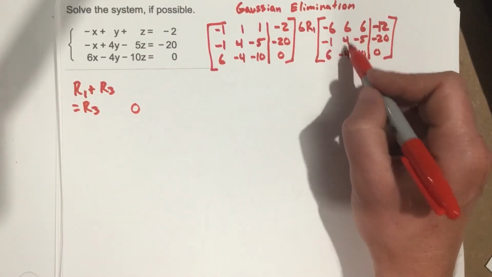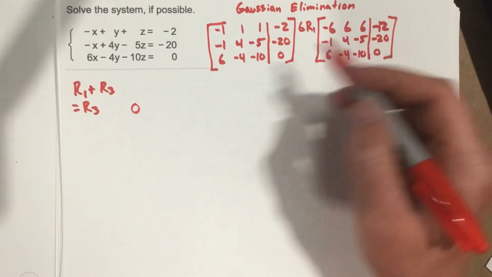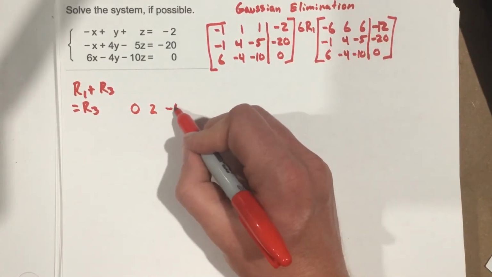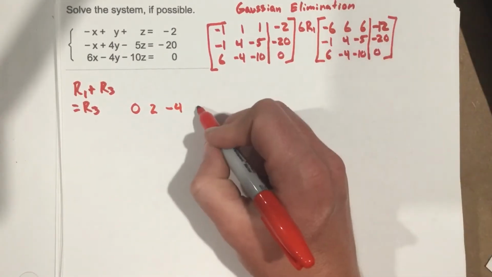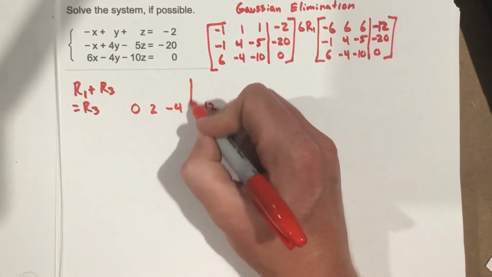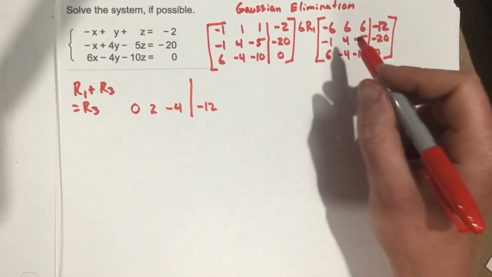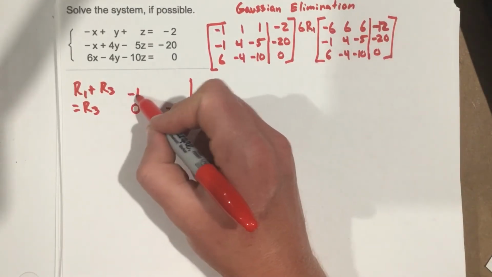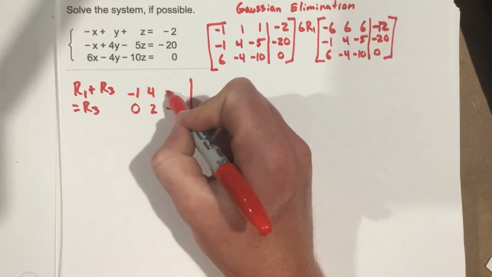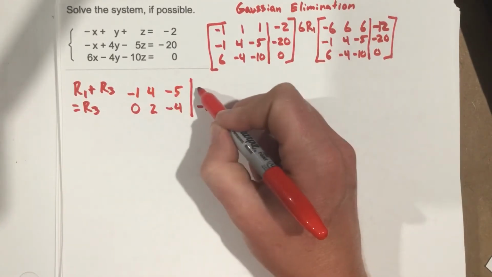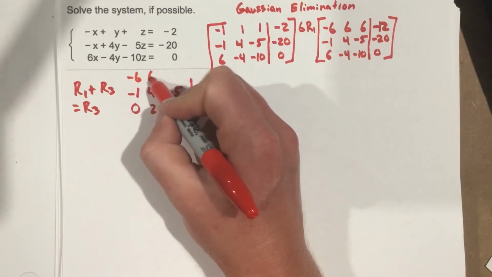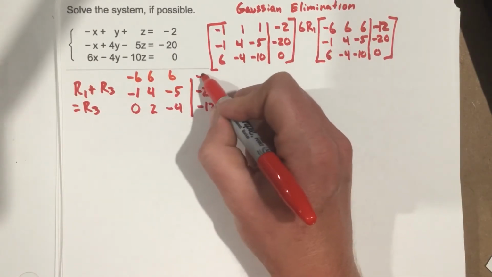This is going to be 2. 6 and -10 is -4. And -12 and 0 is -12. And then we're going to rewrite those. So this is -1, 4, -5, and -20. And we get -6, 6, 6, -12.